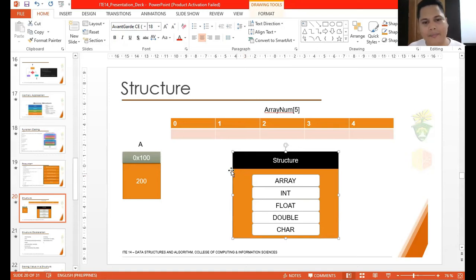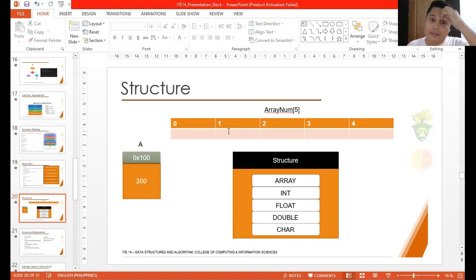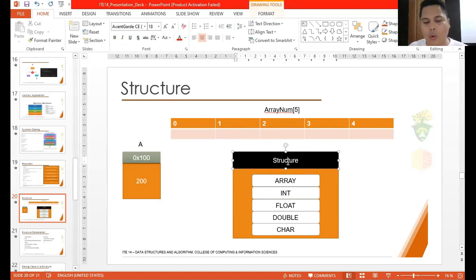At the same time, when we talk about objects, structure is actually also one of the foundations of your database management system and also your OOP.